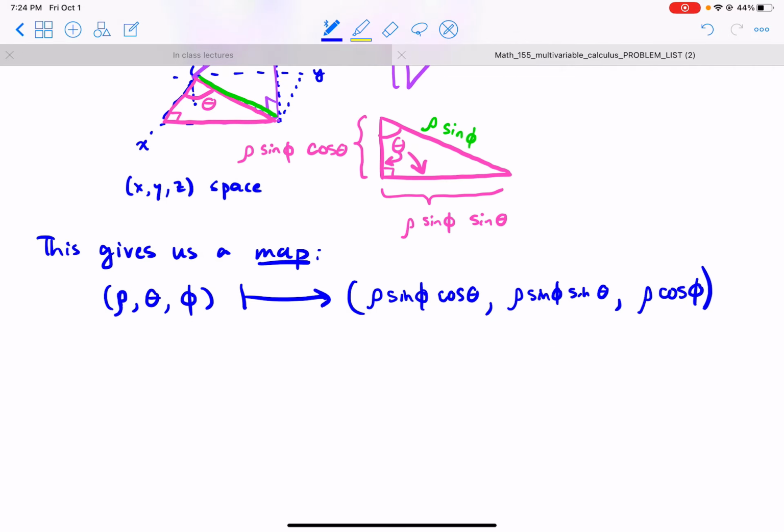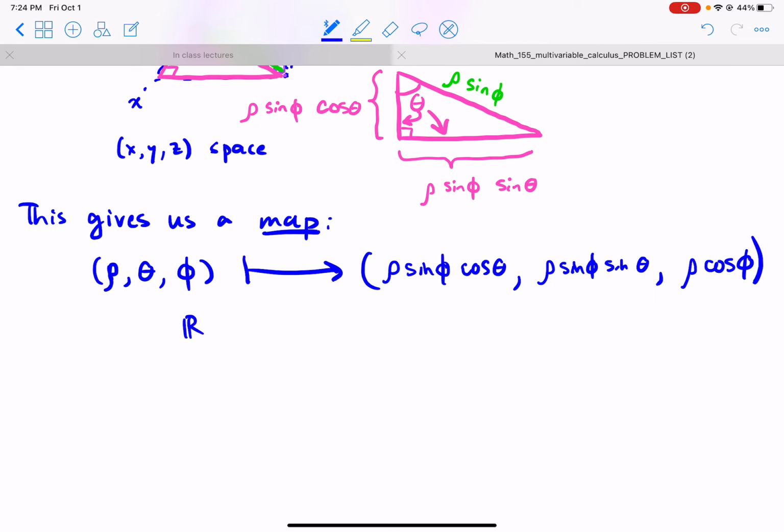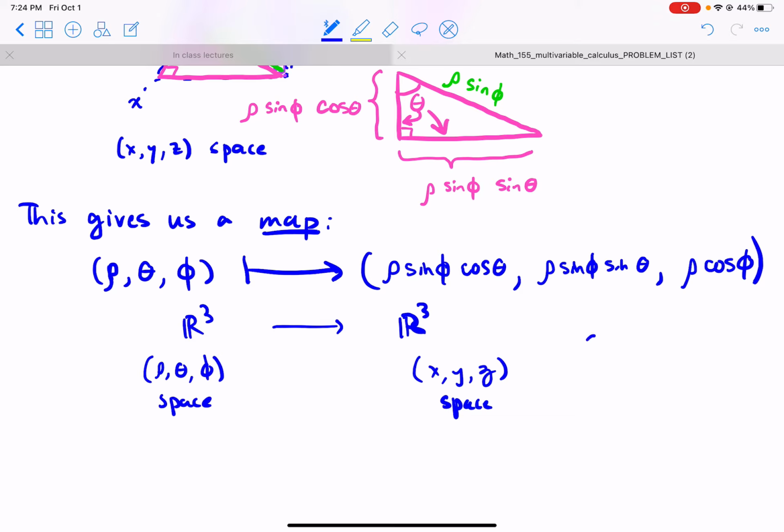Okay. And this is a map from R3 to R3, where over here we have the x, y, z space, and over here we have the rho, theta, phi space. And so that's why you might see x equals rho sine phi cos theta, y equals rho sine phi sine theta, and z equals rho cos phi.